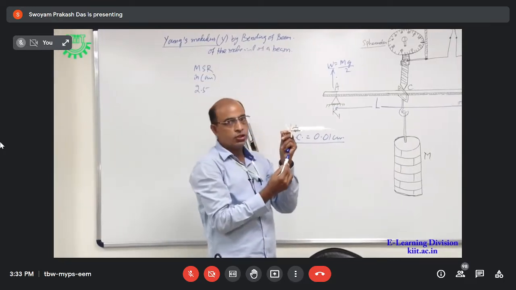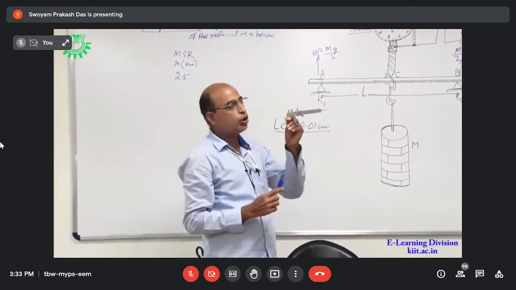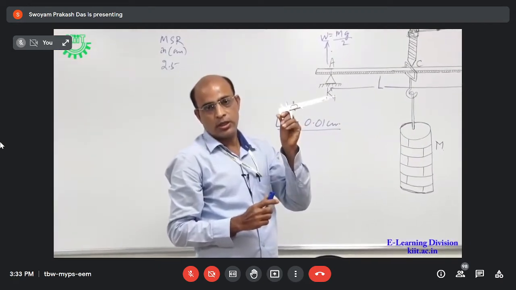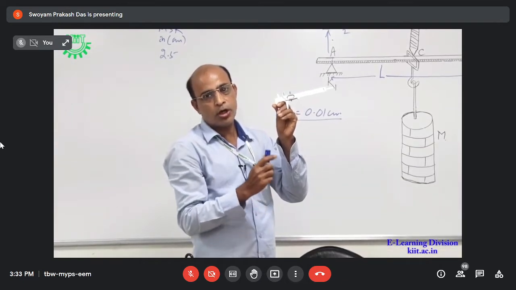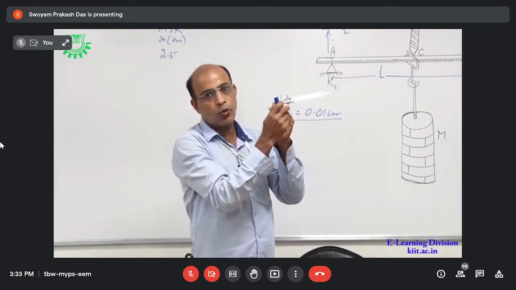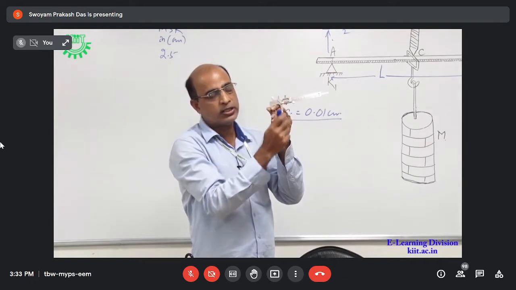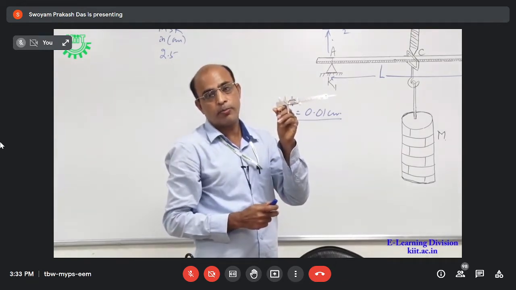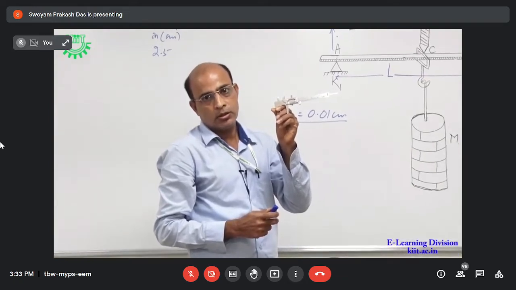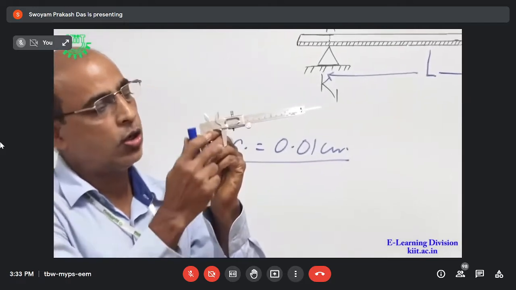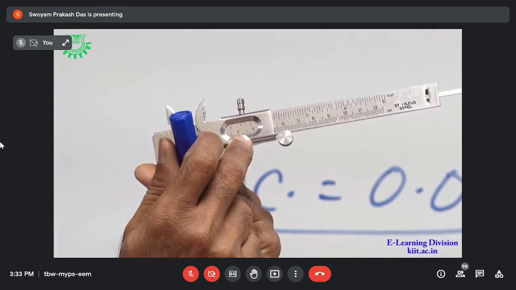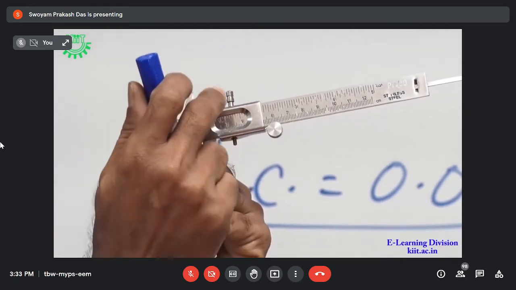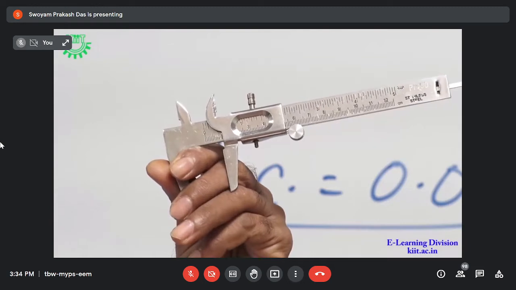Then next is the vernier coincidence. It is the number of the line on the vernier scale which exactly coincides with any line over the main scale. It is simply a number. Which line on the vernier scale is coinciding perfectly with any line over the main scale?